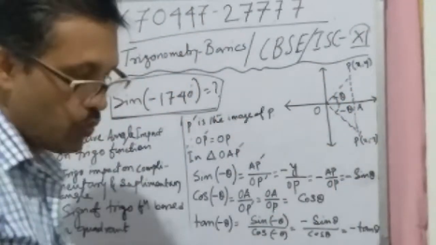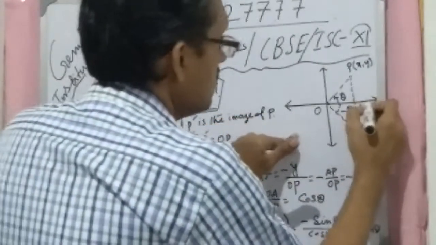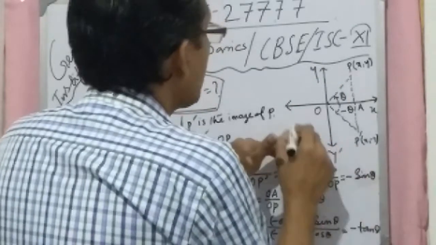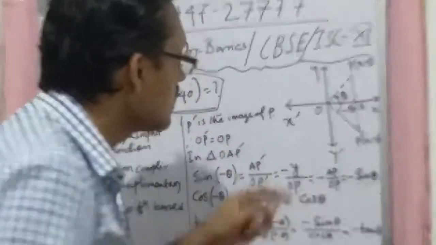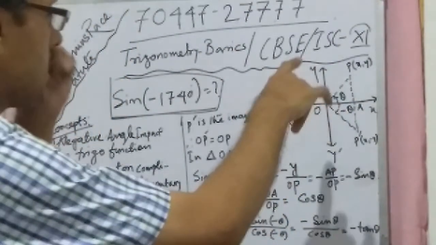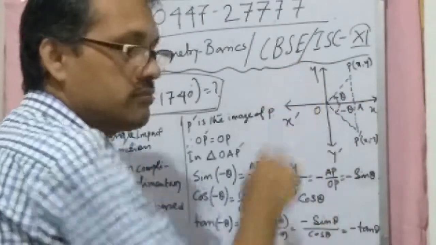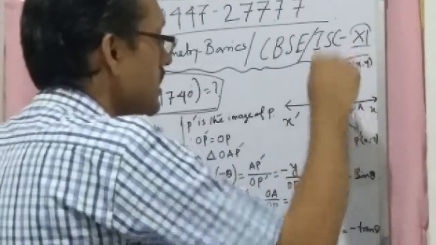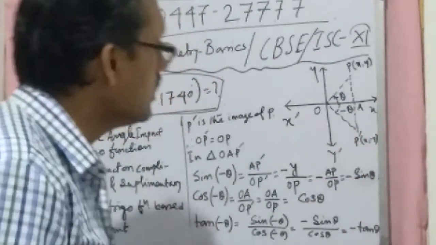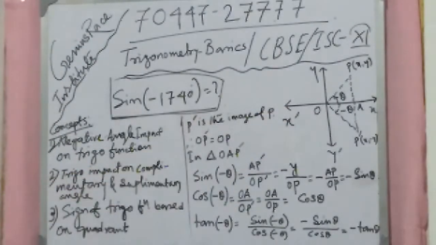we have taken a quadrant: this is the x-axis, this is the y-axis, this is y dash, and this is x dash. Now on this xy plane, a point we have considered as x comma y, and the anti-clockwise angle is theta. Now P dash is the image of P, that is x comma minus y, so that clockwise angle will be minus theta.